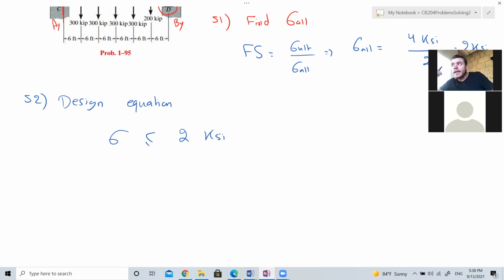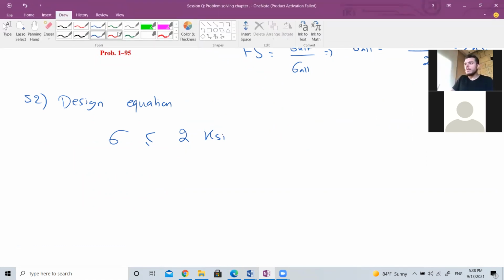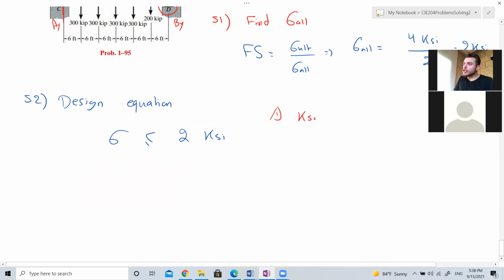This is KSI, kips per square inch. How do you change from KSI to PSI? Times 1000. From KSI to PSI is the same as from kilonewtons to newtons. So this is less than or equal to 2000 PSI.